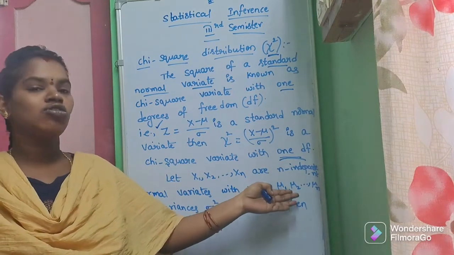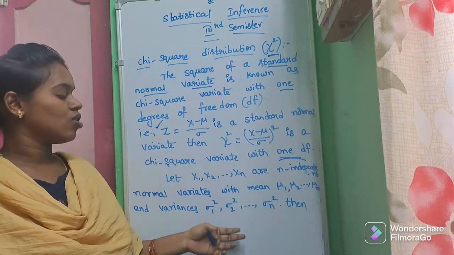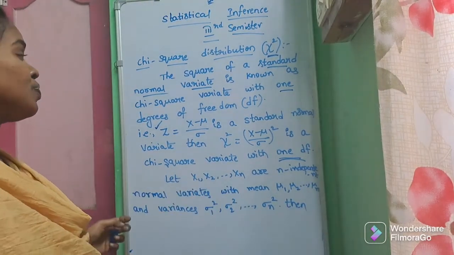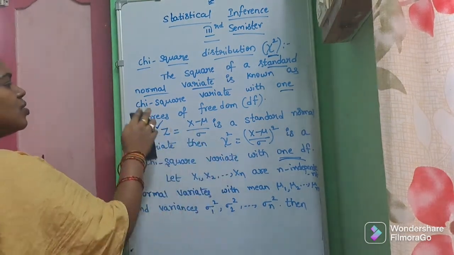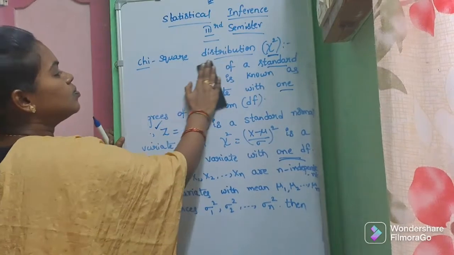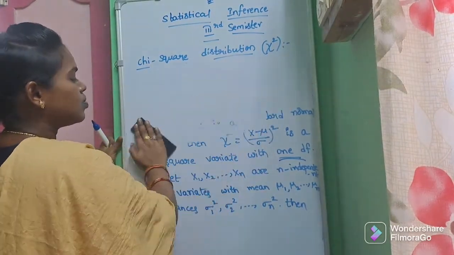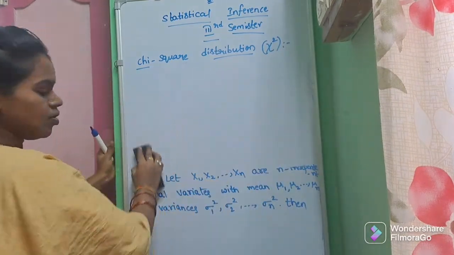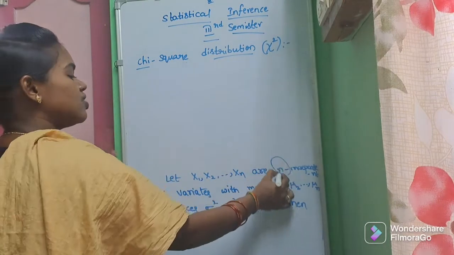So the means are mu1, mu2 and so on up to mu n, and the variances are sigma 1 square, sigma 2 square and so on up to sigma n square. Then the chi-square value will change. Here we are having n values.